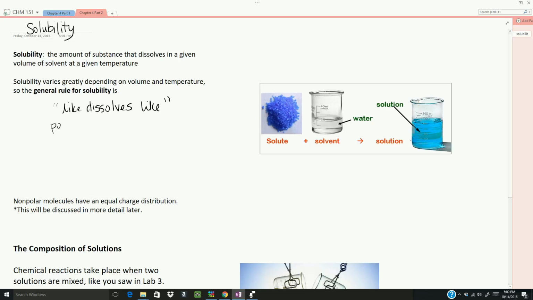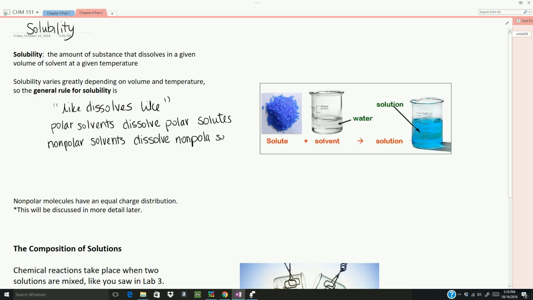So polar solvents dissolve polar solutes, and nonpolar solvents dissolve nonpolar solutes.